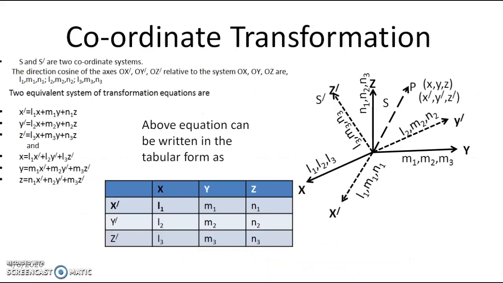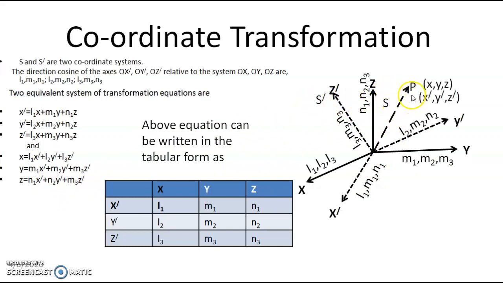Okay. Let us see how coordinate system transformation is obtained. So we have here two rectangular coordinate systems, S and S dash, right?